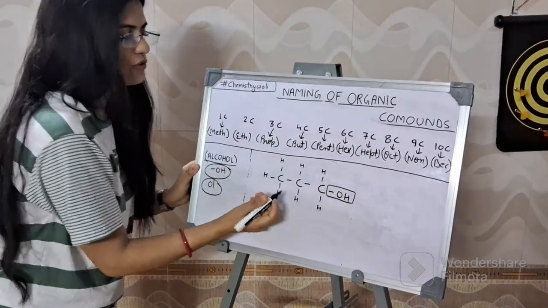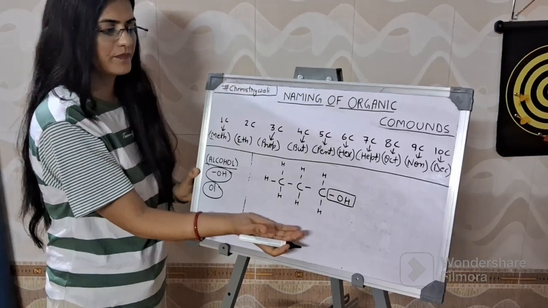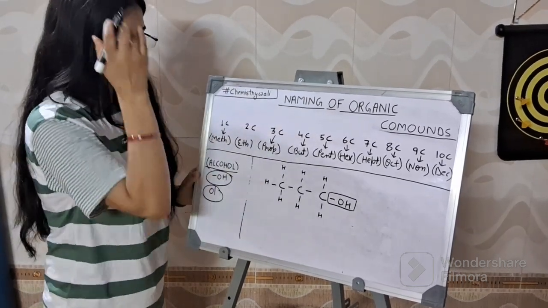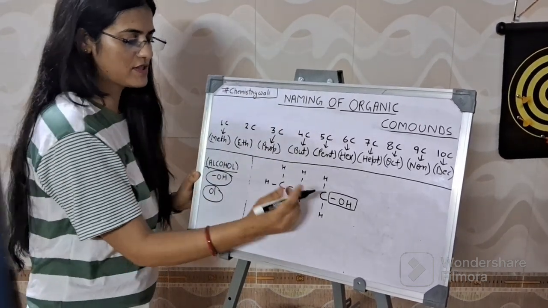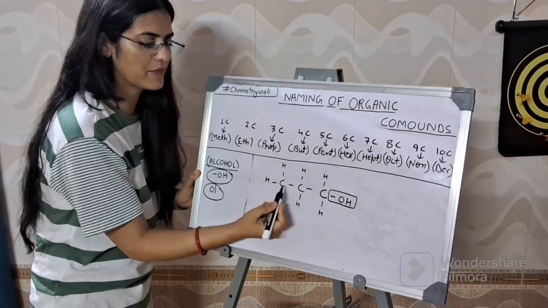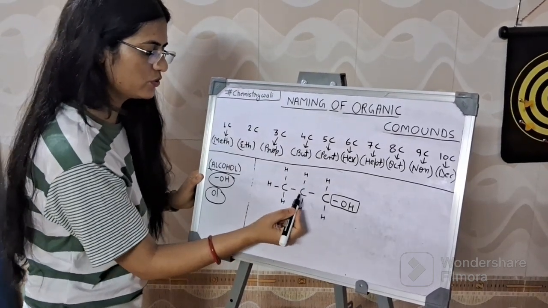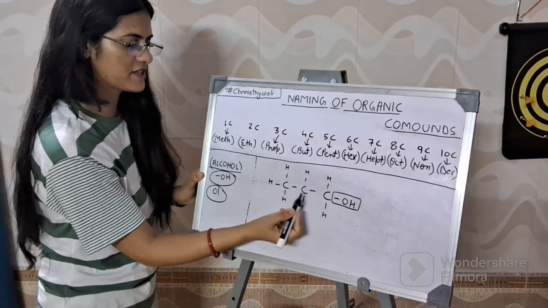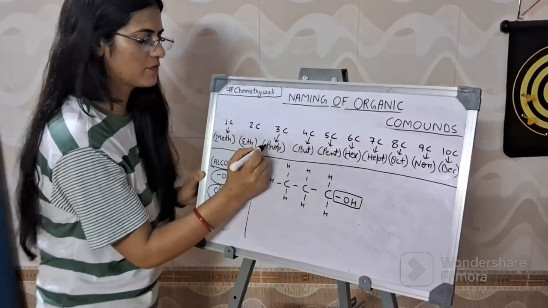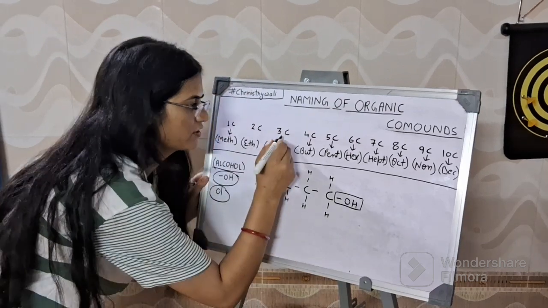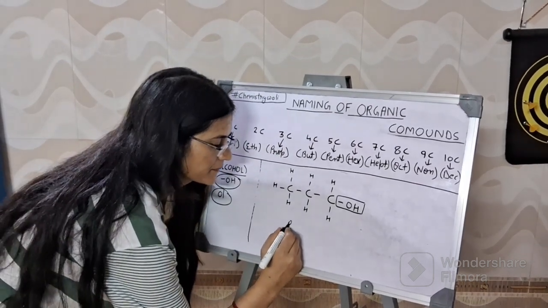Now, how to name this compound? First of all, we will start counting the number of carbon. So, number of carbon here, 1, 2, 3. 3 carbons are present there in the compound, means prop we will use. For 3 carbon, prop.